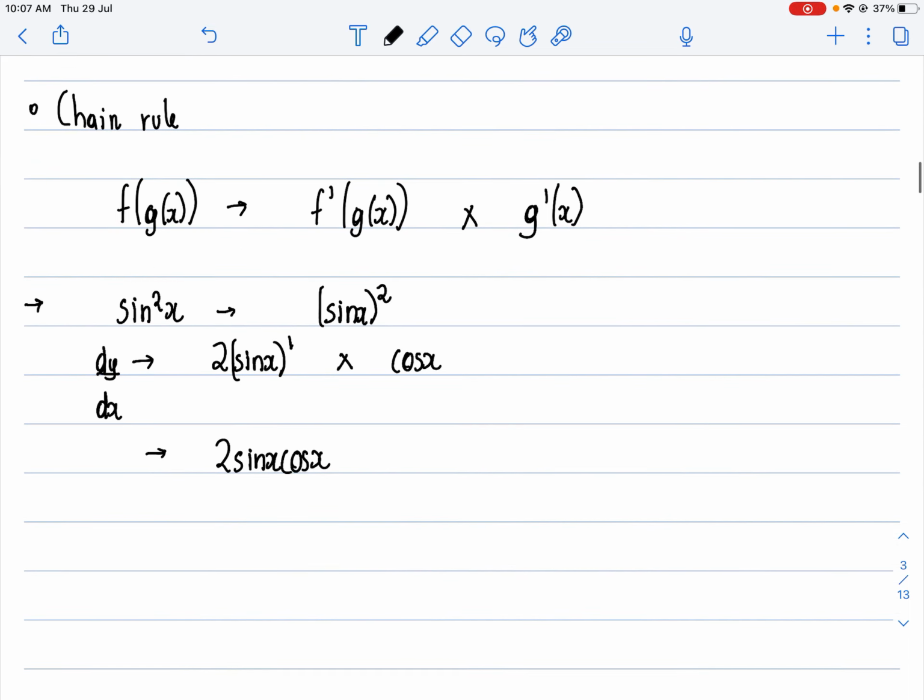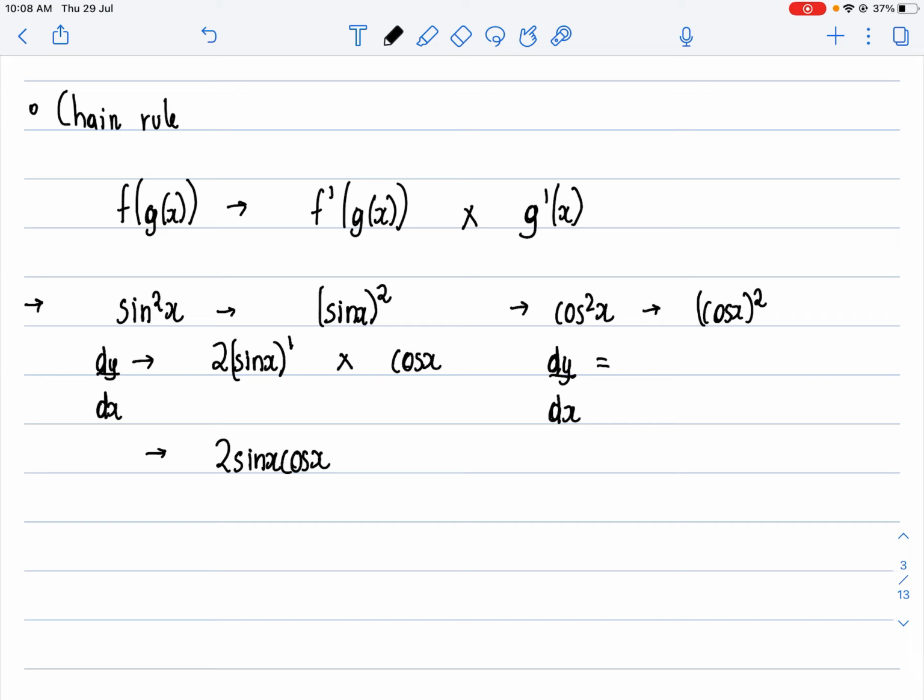It's okay if you didn't understand it. Let's do another example. Let's say I have something like cos square x. So first I can write this as cos x the whole square. Then my dy by dx will basically be equal to the outer bracket first. So first I get the 2 down.